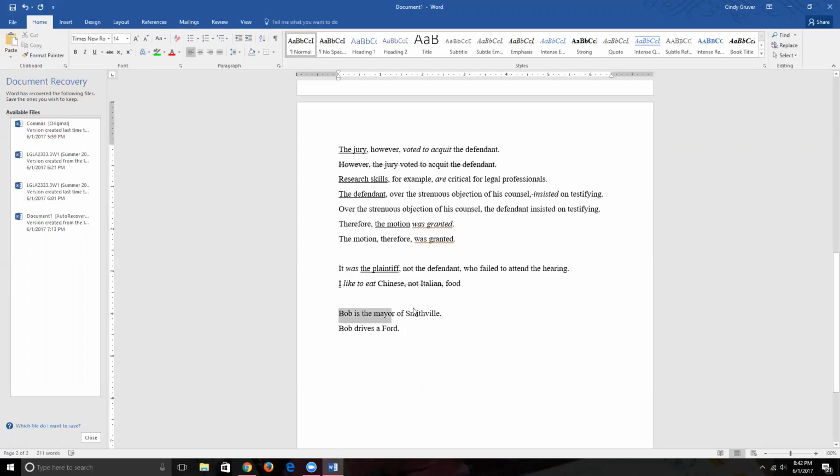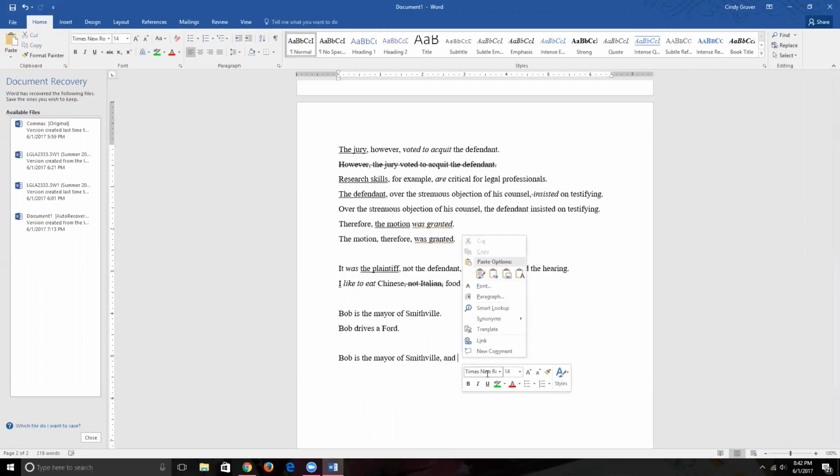So I'm going to take our first sentence, copy. We could do this. Okay, this is actually Rule 10, which we're not covering yet.